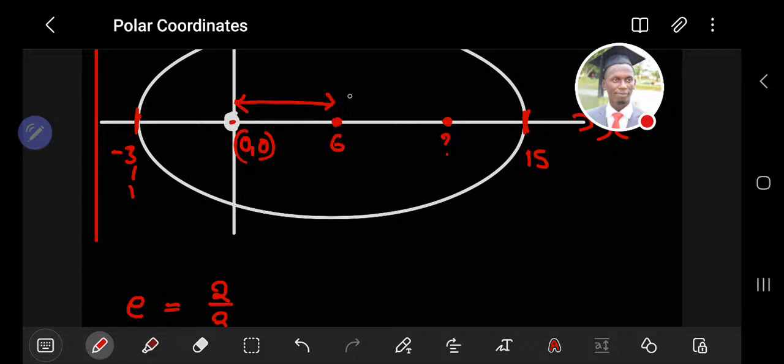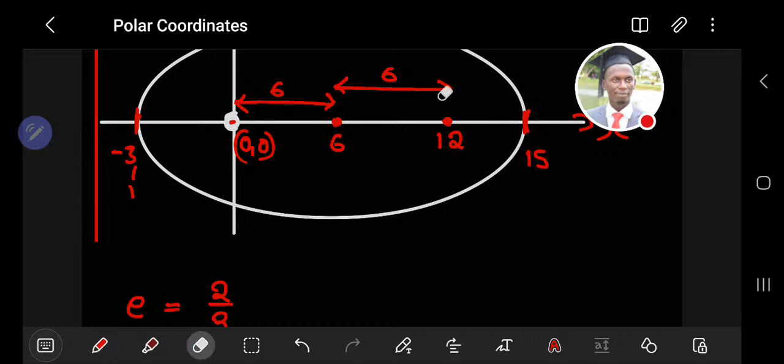This distance here has to be the same as this distance. So if this side is a 6, it only makes sense that this one here also has to be a 6. So since this is at 6, add 6 again, and we conclude that this is going to be 12 here.